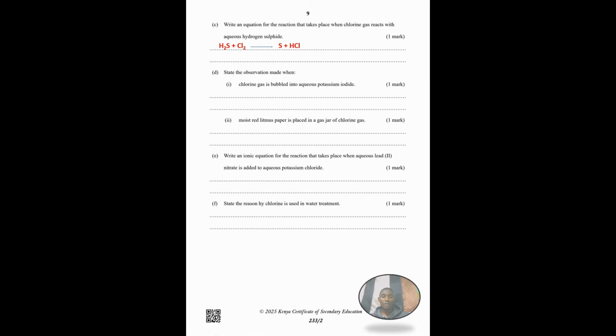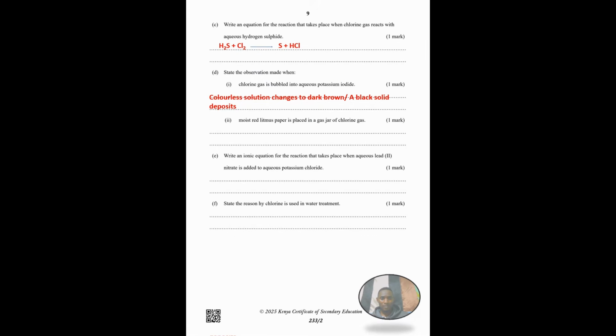So there will be single displacement, whereby we shall be able to form potassium chloride, and we shall be able to deposit a solid of iodine in the container where the reaction is taking place. Or we may be able to see a brown substance depositing, so we may see the solution changing to dark brown.